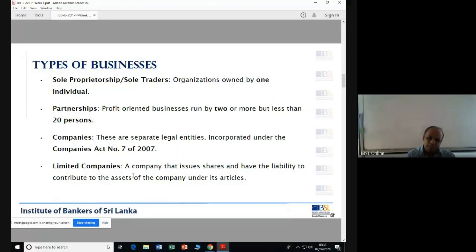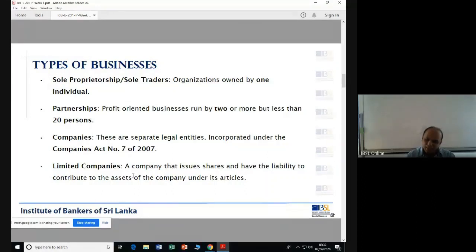Again, we come across another term, which is assets. An asset is anything that is owned by you, which gives you ownership. For example, when you run a business, the tables, chairs and buildings are all assets for you. So the liability here for the company is to the extent of all the assets held by the company.